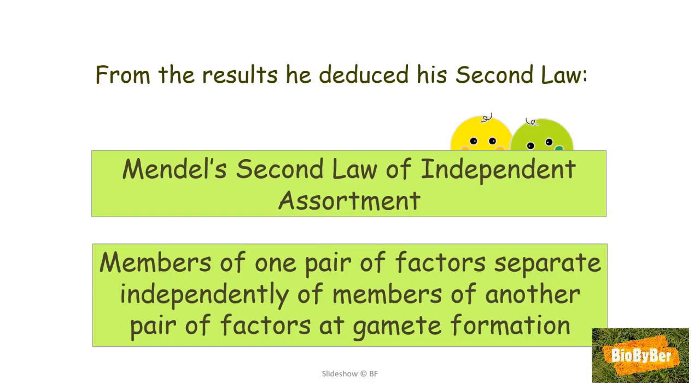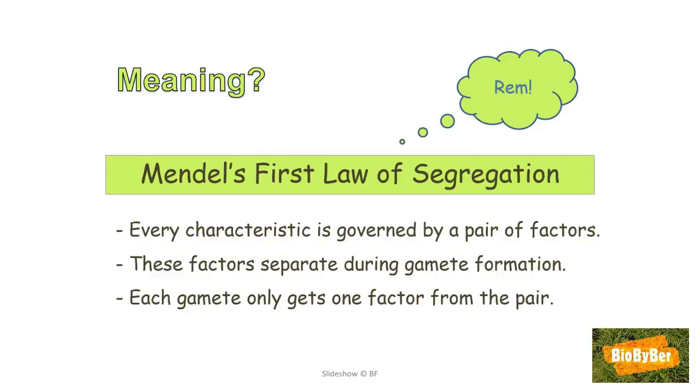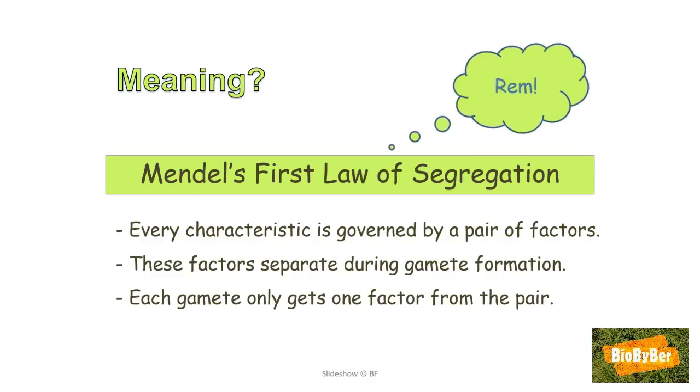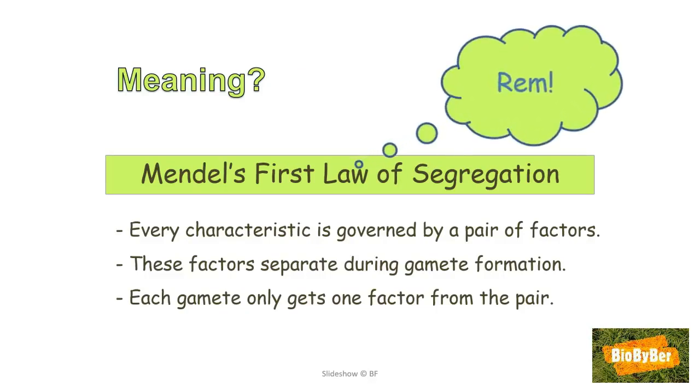What does this mean? How are we to understand this? Well, to understand the meaning of this, we first of all have to remember Mendel's first law of segregation, which we've already covered. Also recall the fact that segregation means to separate.